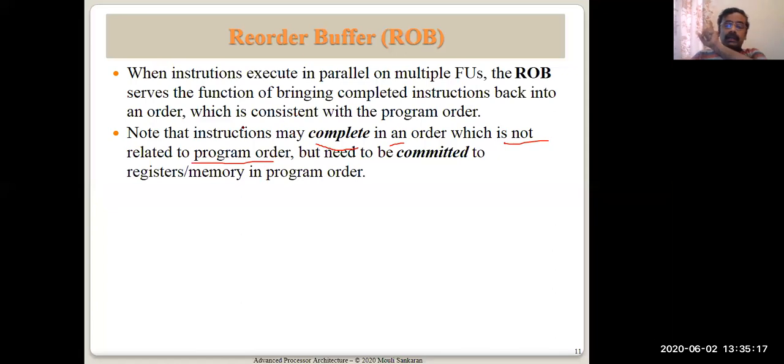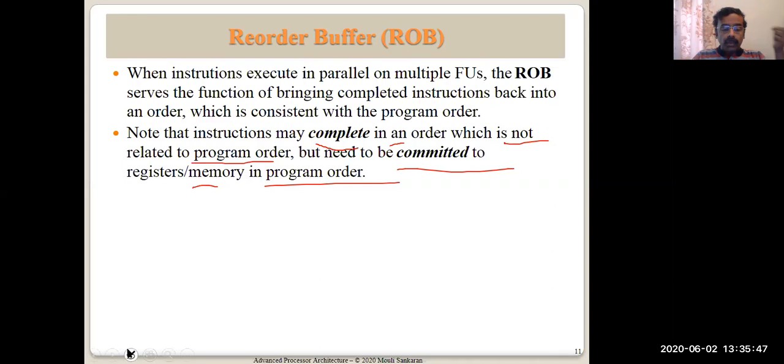So the completion of execution of instructions from the functional unit is not in the same order in which the program came in. They are out of order, but they need to be committed to registers or memory in program order. We have to write into them in the same order in which the instructions came. Then only it will look similar to what the programmer wanted.